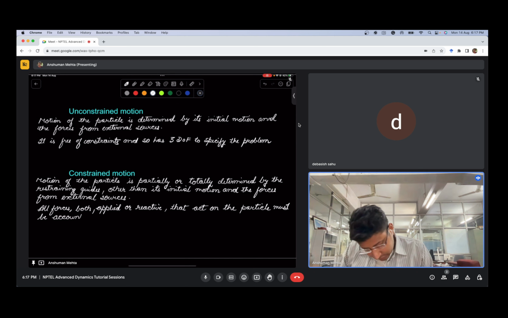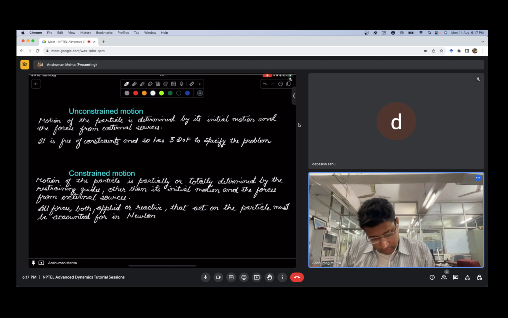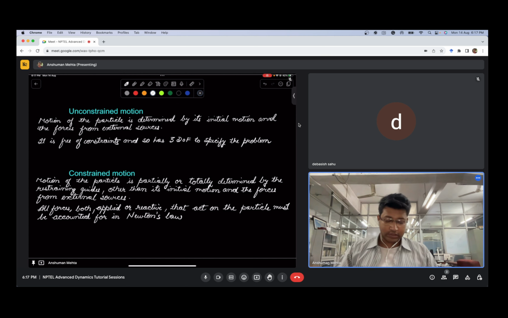So those are the additional constraints which must be accounted for in Newton's law. There only Newton's laws are there, but here reactive forces as well as additional constraints, which we call constraint equations, are there.